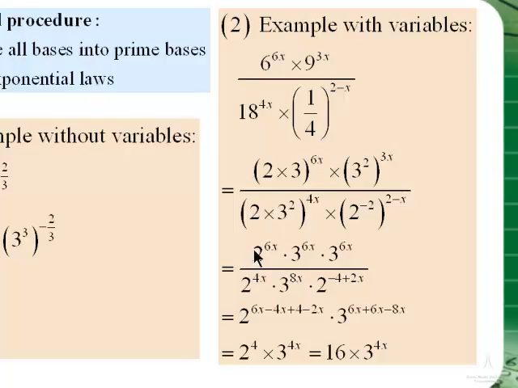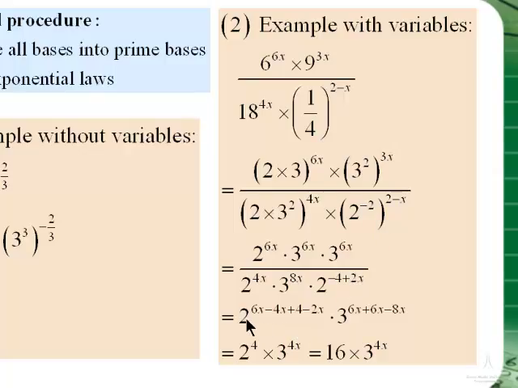So you get 2 to the power 6x times 3 to the power 6x, here 2 to the power 4x, 3 to the power 8x, 2 to the power, and here you need to be very careful. Both the 2 and the minus x must be multiplied by minus 2. So minus 2 times 2 is minus 4, and minus 2 times minus x is plus 2x.